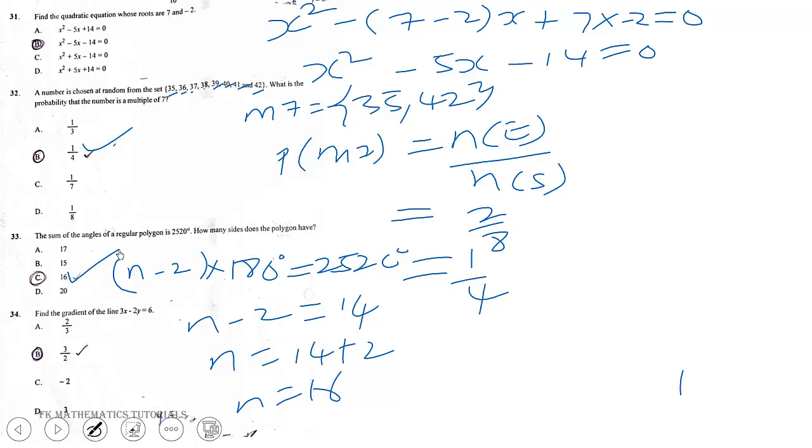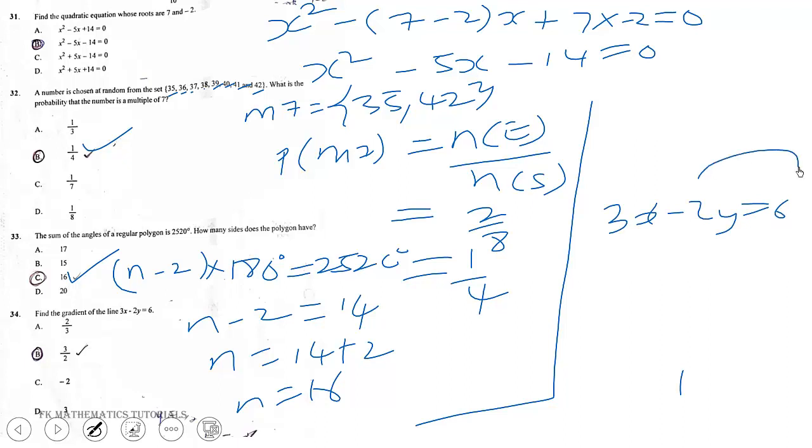Find the gradient of the line 3x minus 2y equals 6. So you have to make y the subject. So what do we do? 3x minus 2y equals 6. So let's send y here and the 6 will come here. So 3x minus 6 is equal to 2y.